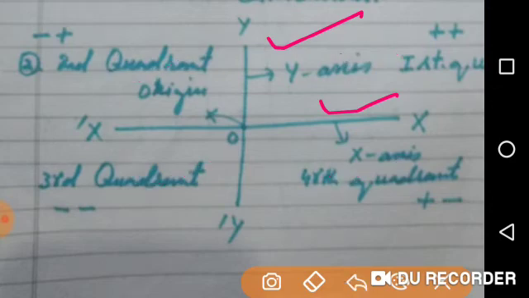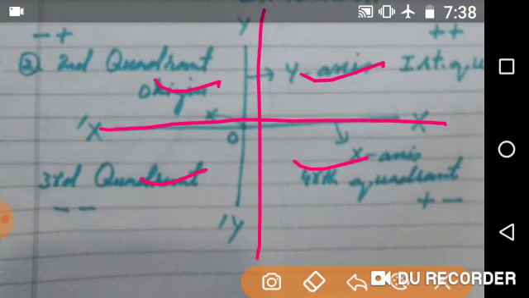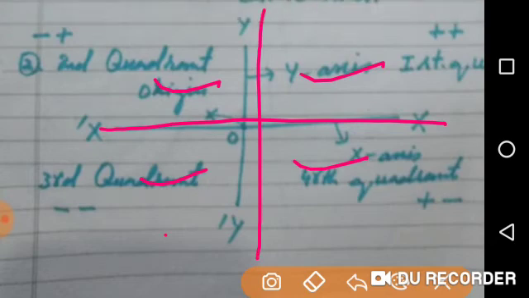So these four parts are being obtained by drawing two lines, one a horizontal, another a vertical line on a plane. Now this plane is called a Cartesian plane. So Cartesian plane is drawn on a flat surface by drawing two lines, one horizontal, another vertical line.